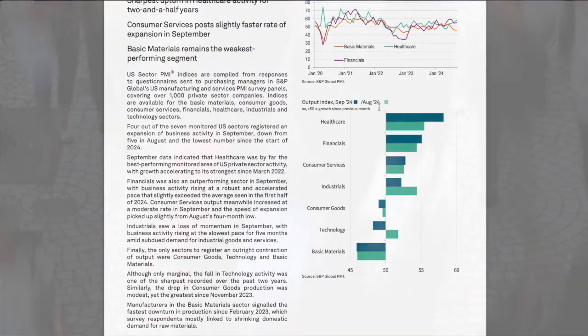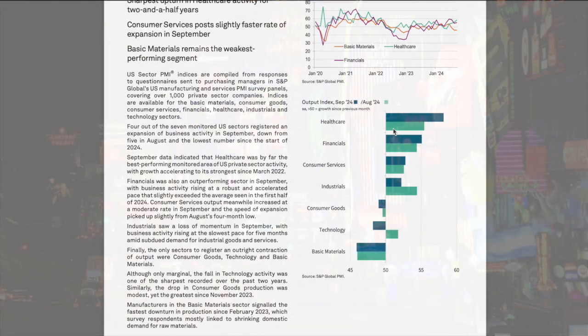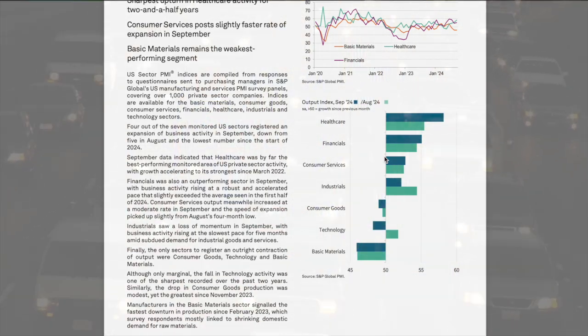And even we can see the previous month of August was also contracting, expanding, but not such a fast rate. So it would be interesting to actually look into, obviously you should do further work, but you can have a bullish bias towards healthcare, financials, consumer services, etc.